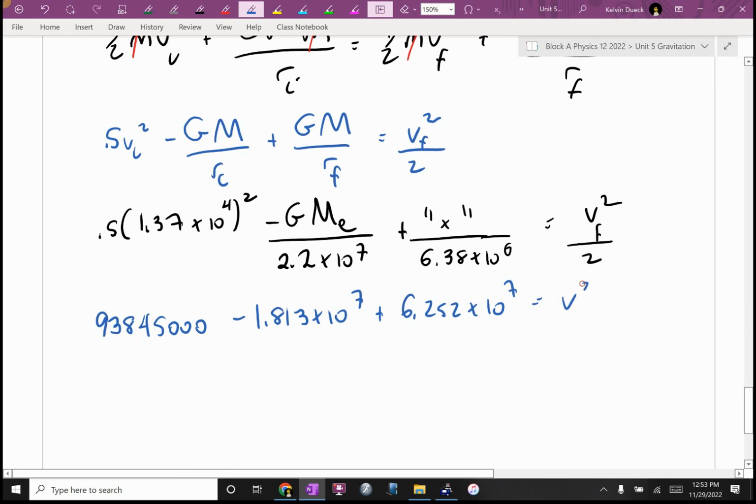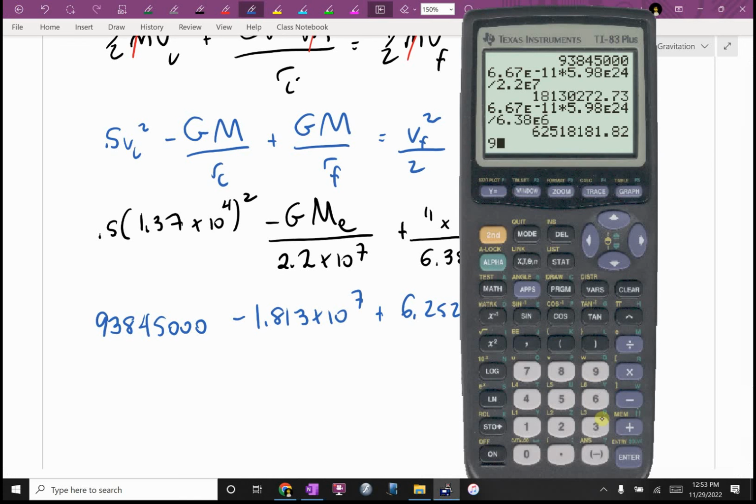That equals V squared over 2. So it's going to be 93845 minus 1.813 scientific notation plus answer button. Whew.